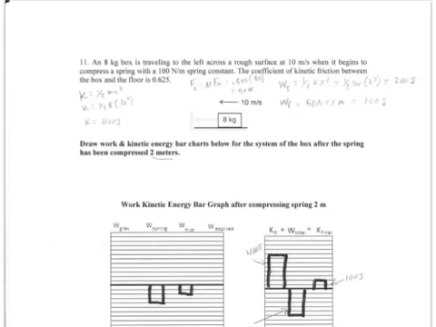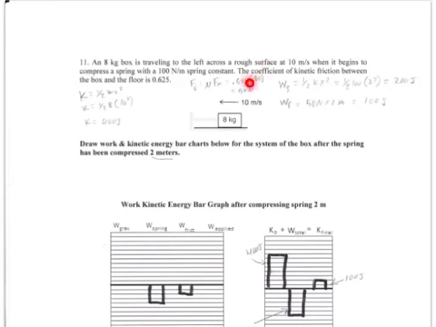under kinetic initial. Now I've got to figure out the total work done on it. I've got work being done in this case by the spring and work being done by friction, both of which are going to do negative work because they're opposing motion. Let's start with the frictional force. The friction force equals mu times the normal force. The normal force is mg, that's 80.